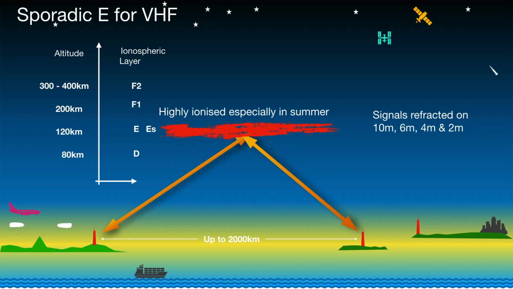So it's just into the VHF bands and going up to about 150 megahertz, 144 megahertz for us. So questions there may talk about signals being received in summer, unexpectedly on 6 meters over 2,000 kilometers or something like that, and then the question there relates to sporadic E.